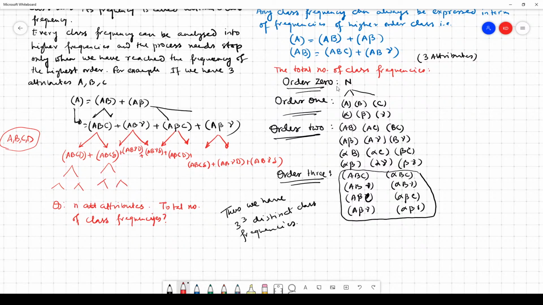So here is the idea. Please see that structure and use this structure. First, tell me order 0.